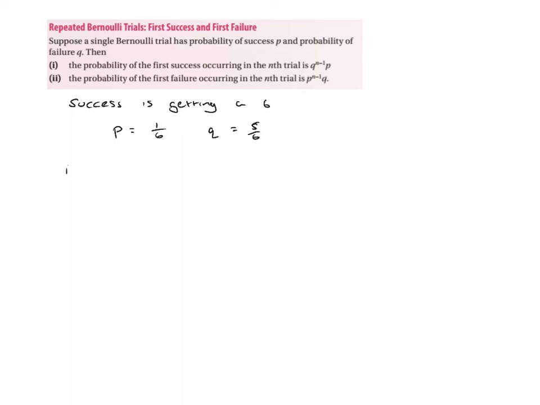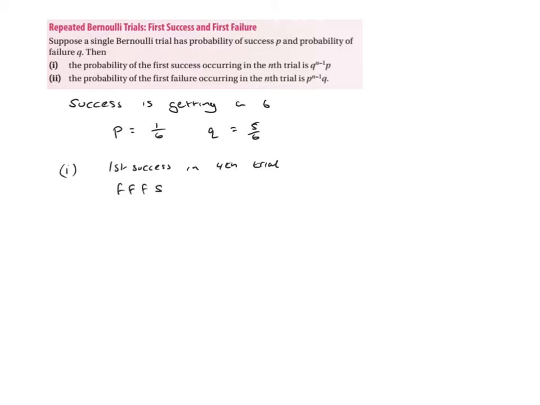Okay, so the first thing we're asked to work out is the probability of the first success occurring in the nth trial. So suppose instead of the nth trial, I wanted my first success in the 4th trial. That means I've got to have a failure, a failure, a failure, then a success.